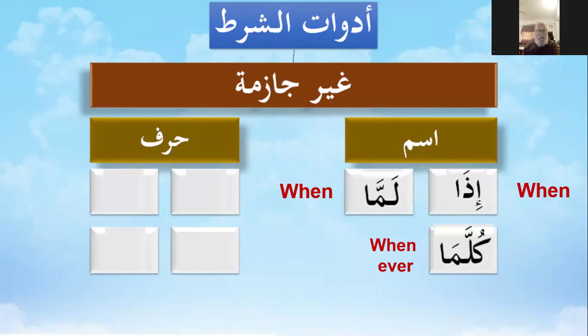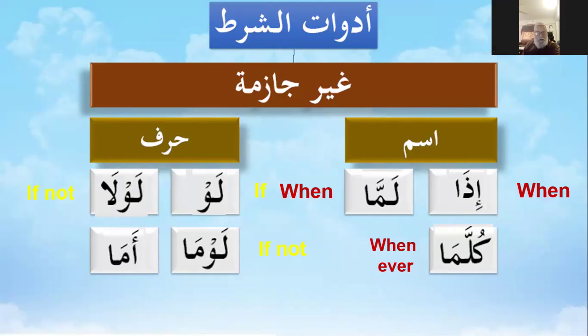So they don't bring a change in the verb, and they are called ghair jazima, but they come as a condition. Among the huruf, law means if, lawla means if not, lawma means if not, amma means as for. So they are called huruf shart or asma shart ghair jazima. They don't give the jazm.